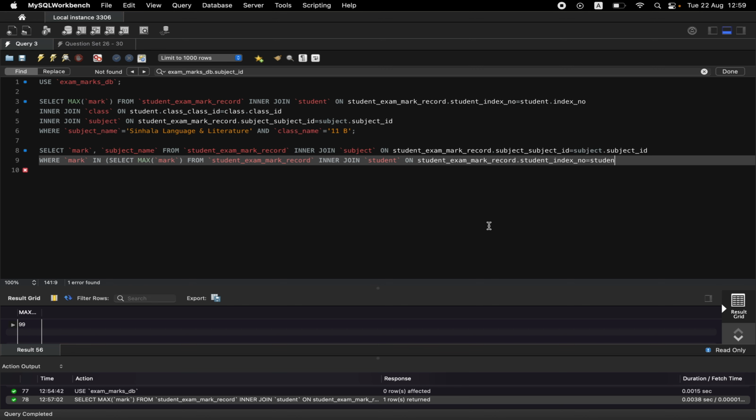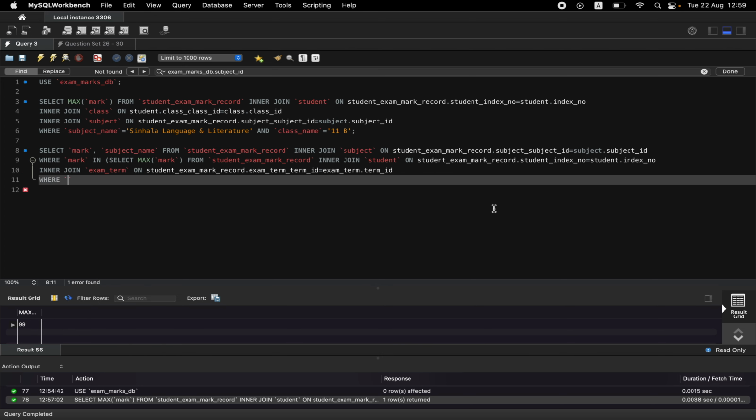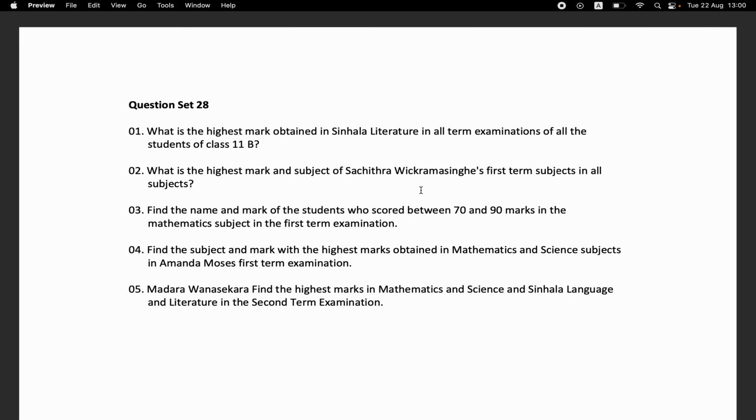equals to student dot index number, and the inner join to get the exam term table, so inner join exam term on student exam mark record dot exam term id is equals to exam term dot term id, where first name and the last name is Sachitra Wickramasinghe.